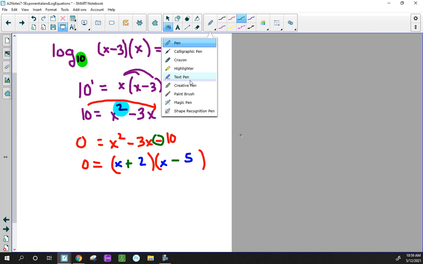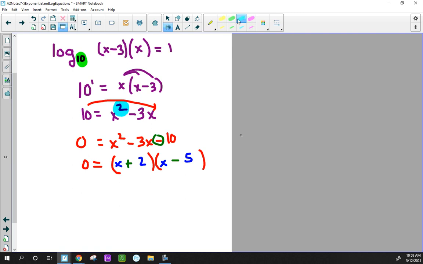When you get to this step in solving quadratic equations, your next move is to take each factor and set it equal to 0. So we're going to write x plus 2 equals 0. Then we're going to do x minus 5 equals 0. And then just finish it out.